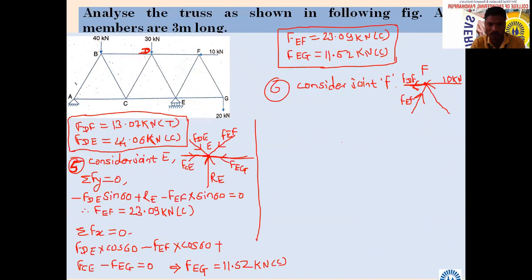Just check the last slide. Yes, it is compressive. And we now want to calculate the force in member FG. How should I assume? Choice is yours. Compressive. Compressive means towards the joint or away from the joint? Towards the joint. How many forces are there in this?